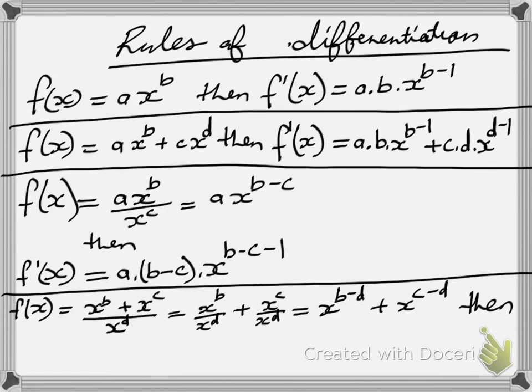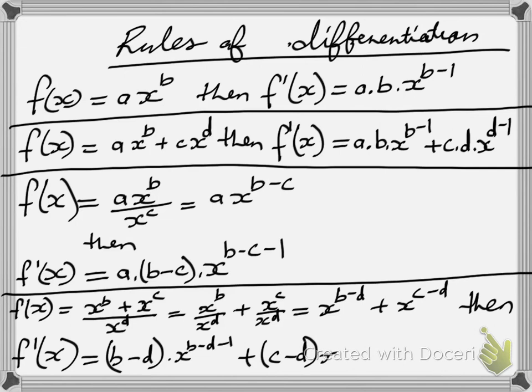So we can see here we have written it in line format. And then after writing it in line format, we differentiate. The derivative f prime of x will be equal to, we multiply by the exponent, which is b minus d, and then we reduce the exponent by 1. So we do the same.